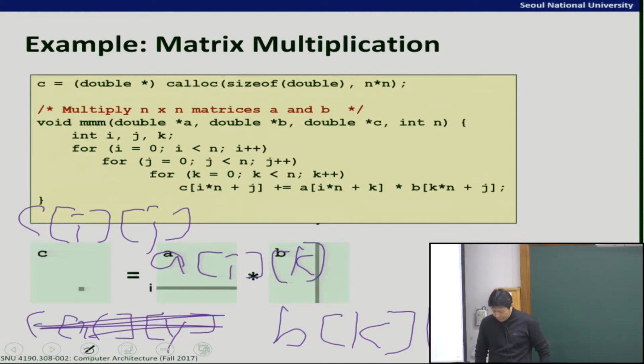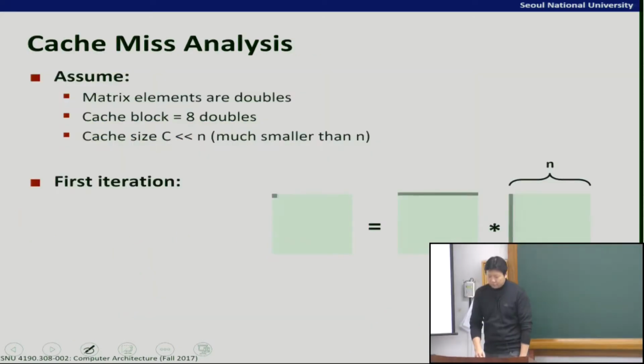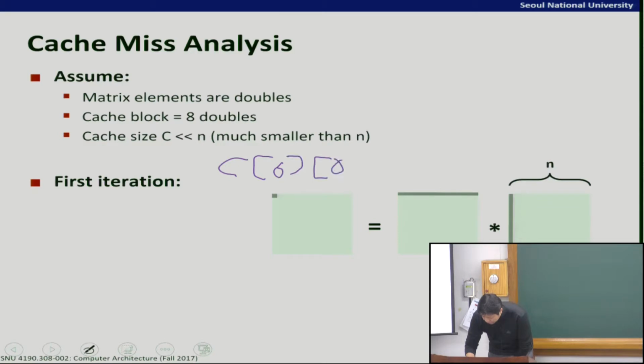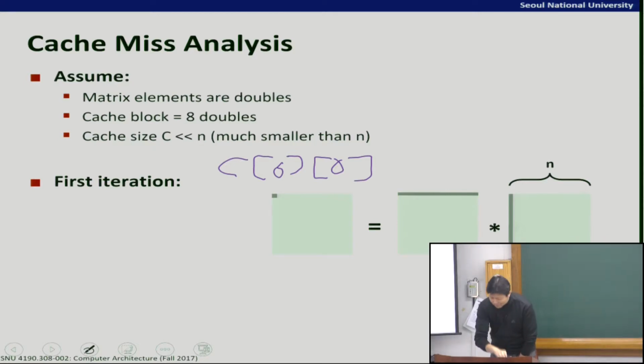If you analyze the caching behavior of this program, let's say we are now calculating the value of C of 0, 0. Sorry for the poor writing because I used my finger. We ordered a new pen, so please be patient.